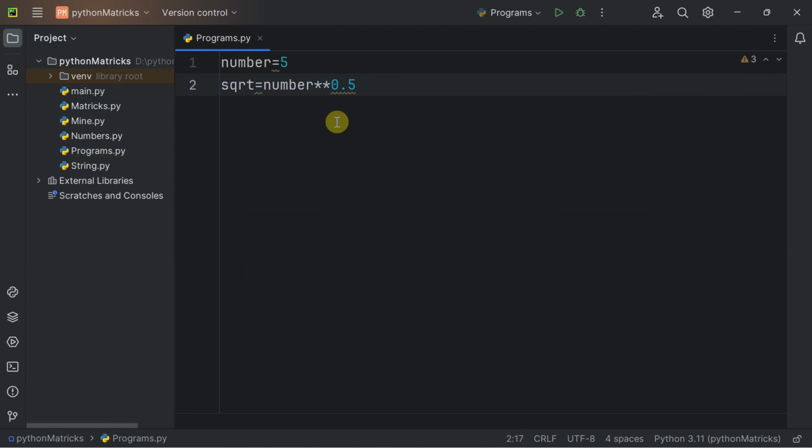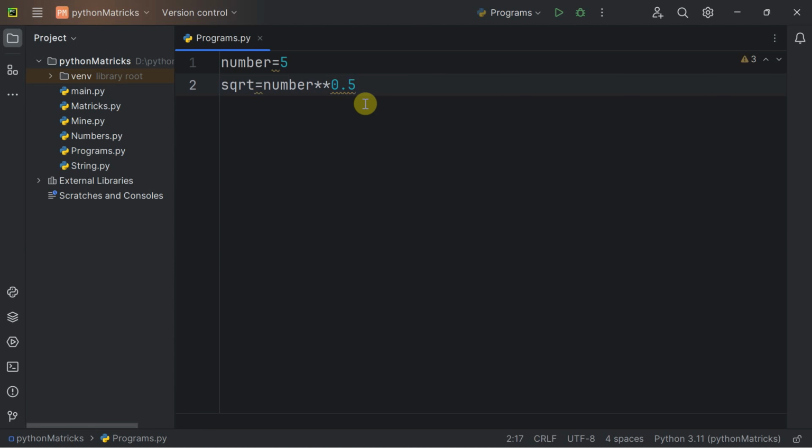0.5. Some people are going to wonder why we are using this 0.5. For calculating the square root of a number, raising a number to the power of 0.5 is equivalent to taking its square root.